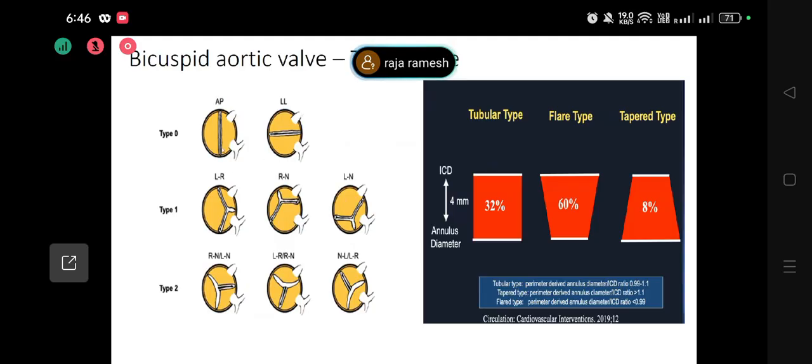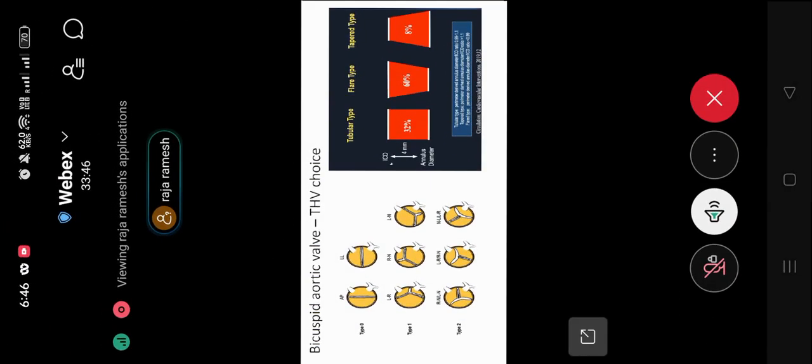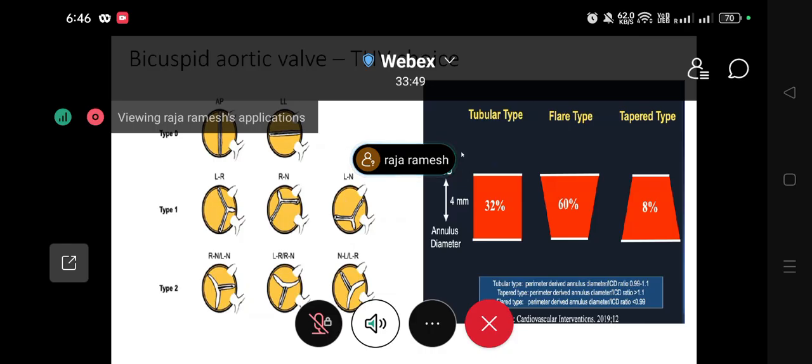Depending upon the type, there can be specific challenges while doing TAVR. Most of the time, in tricuspid valves, the root will be rectangular in shape, meaning the annulus diameter and the diameter 4 or 6 centimeters above in the aortic root will be the same.